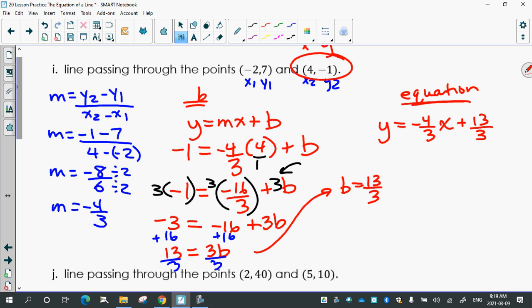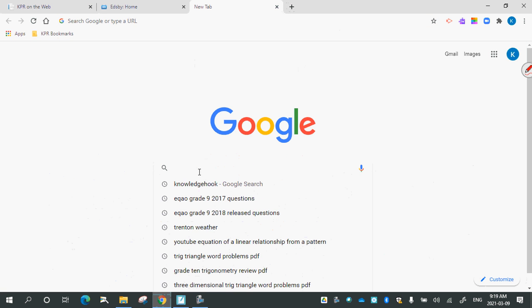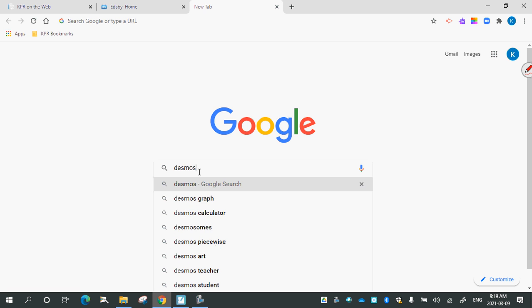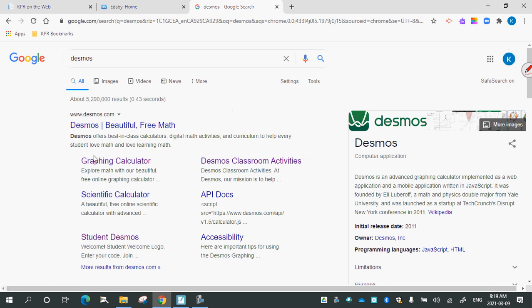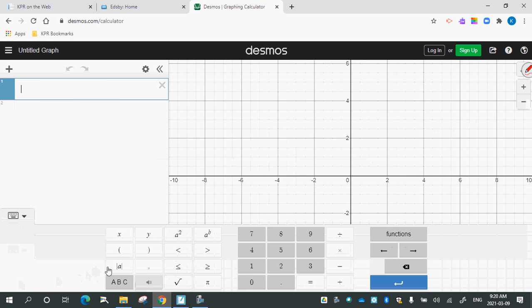Okay. All right, so I'm going to Desmos. Any of you guys can do this. You can go to Desmos, type in Desmos. If you haven't seen it before, go to the graphing calculator, and then it'll offer you this little keyboard to type in this square here.